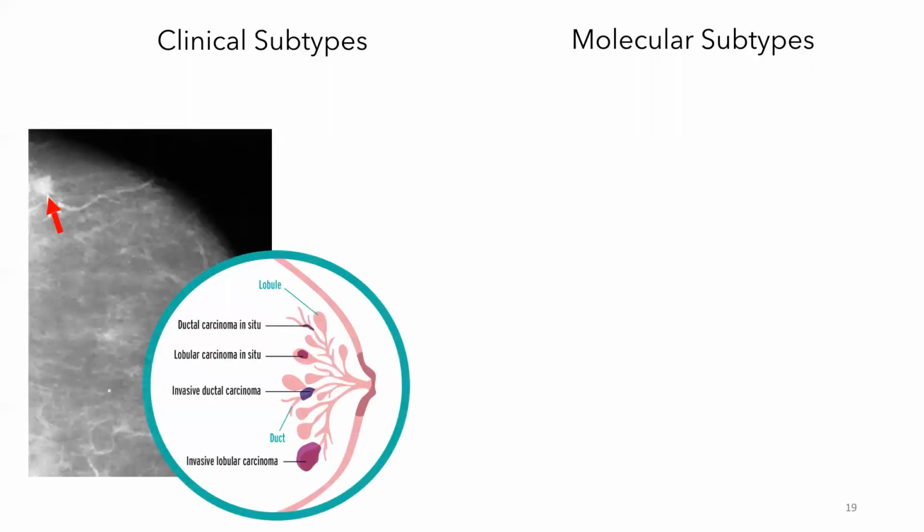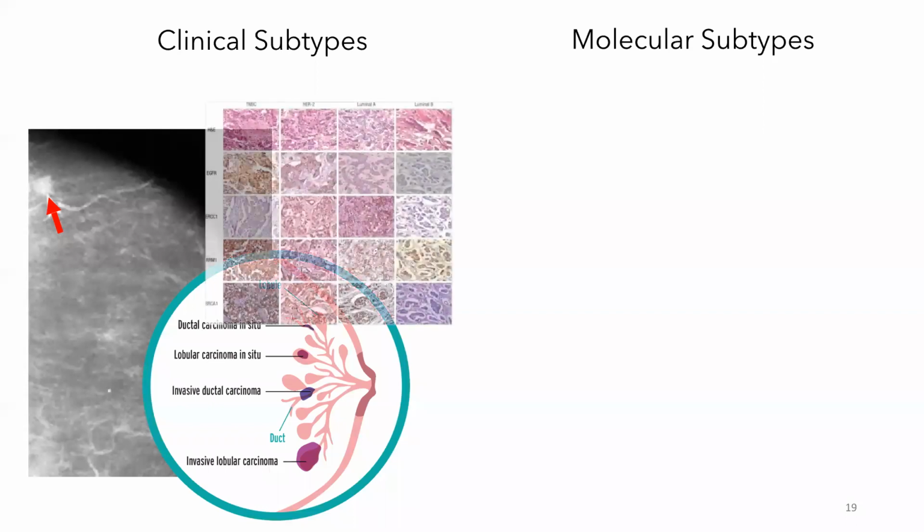We can, for example, look at the source tissue. Where did this tumor originate from? And we have these different names. For example, invasive lobular carcinoma is a name that describes this tumor from the standpoint of which organ or what types of tissue it originated from. Looking further at the tissue, we can actually take scans of that tissue, and we can stain it using immunohistochemistry to identify expression of different proteins.